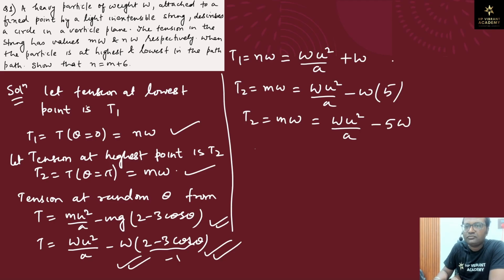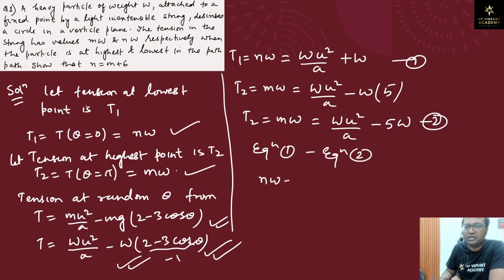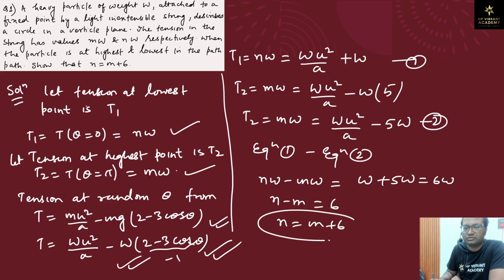This is equation 1, this is equation 2. Let us subtract: equation 1 minus equation 2, we have NW minus MW is equal to W plus 5W. This is 6W. So n minus m is equal to 6. So n is equal to m plus 6.